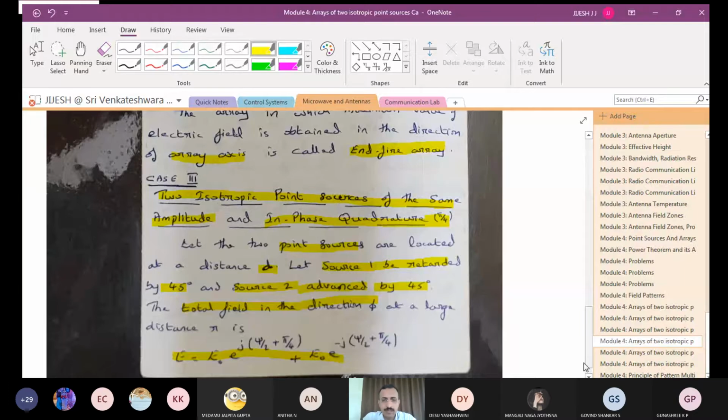What you can understand here is that the total field in the direction of a distance r can be written as E is equal to E naught e to the power of j (psi by 2 plus pi by 4). The plus pi by 4 is the change you can see here in case 3, and E naught e to the power of minus j (psi by 2 plus pi by 4).